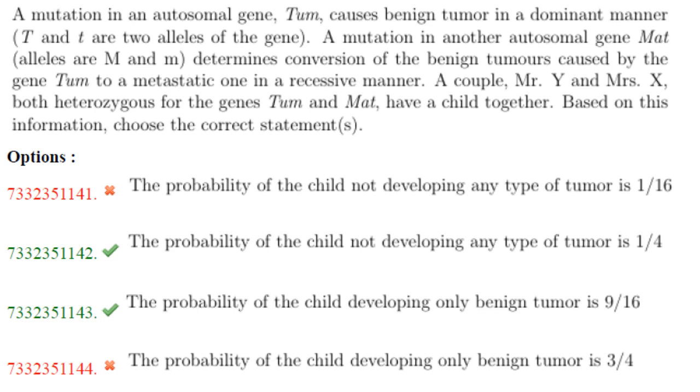And there is another gene that is called as the MAT, and it determines the conversion of benign tumors to metastatic one. That is, metastatic means cancer causing. So this is a mutation in the another autosomal gene, that is MAT, in a recessive manner. So if MAT is present as small m, that is the recessive manner, then there is conversion of the benign tumor to a malignant one or metastatic one.